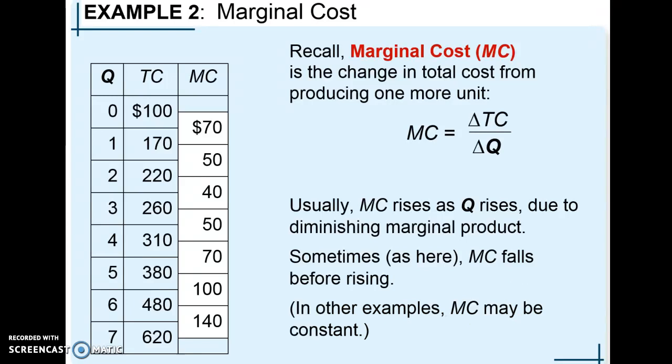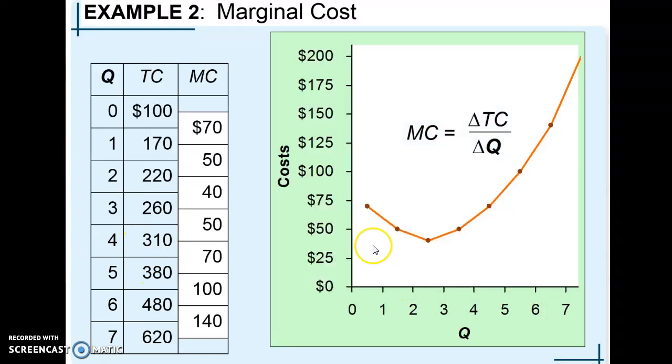Sometimes, however, as here, marginal cost is going to fall before it rises. And that's what's happening here. So marginal cost is going down before it starts to go up again when you produce 4 units. So here's the marginal cost curve again being graphed, and as you can see, the marginal costs are going down before they rise.